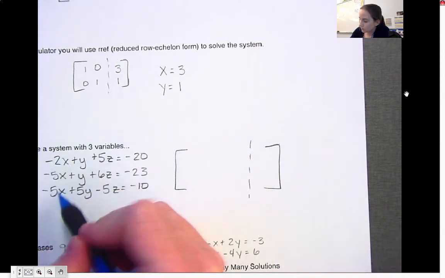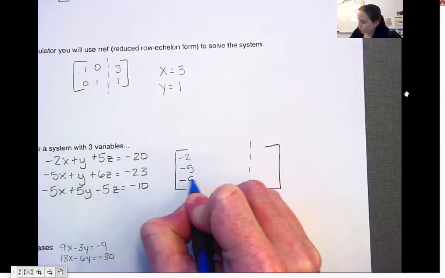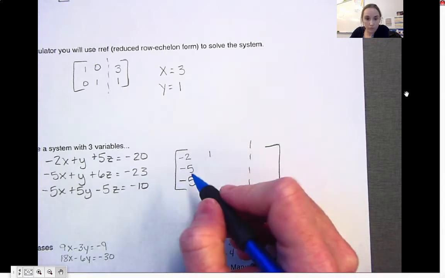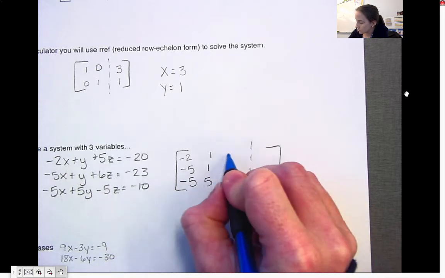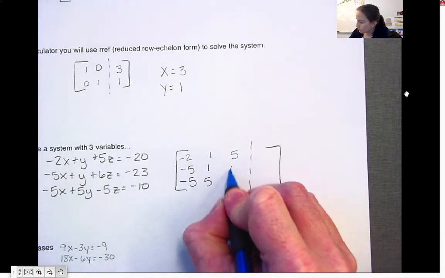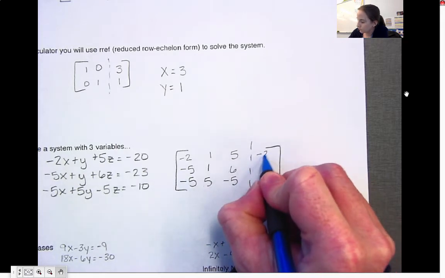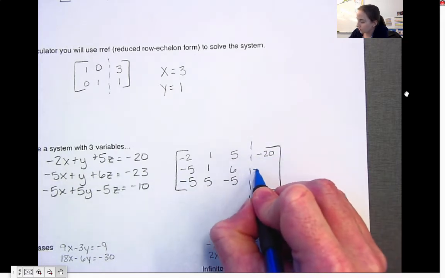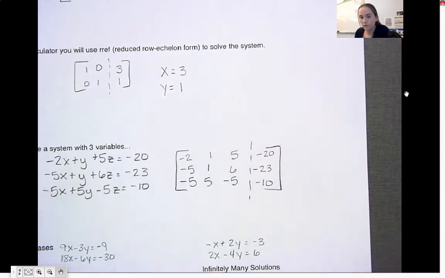So all of your x's in the first column, all of your y coefficients in your second column, and the z's in the third column. And then your constants in the very last one. Again, remember that you will not see the dashed line on your calculator.